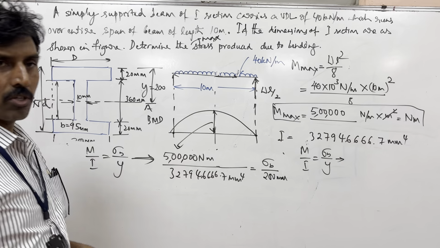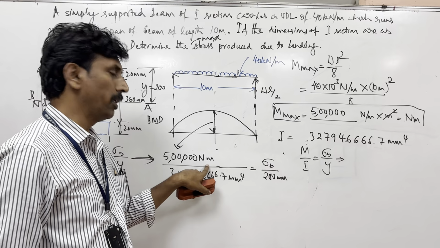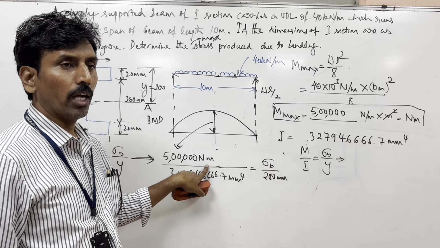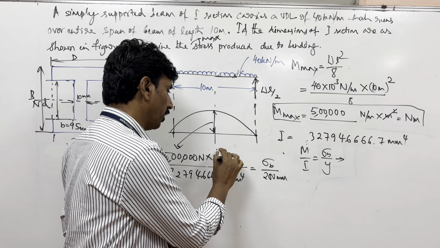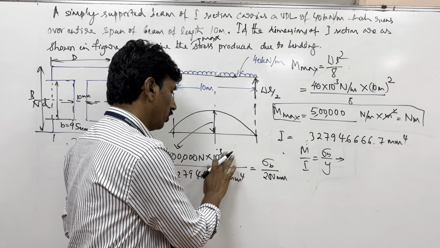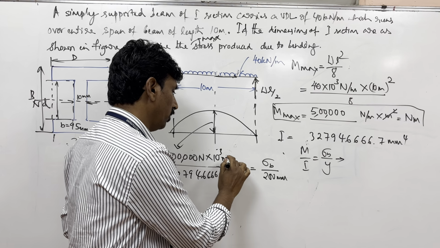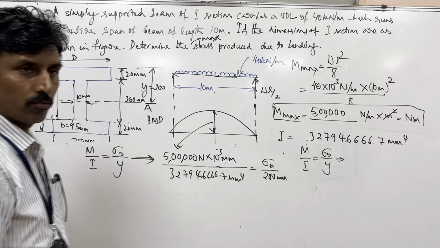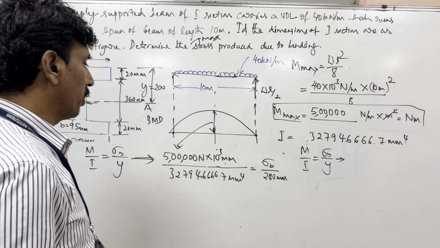You see inconsistency in units here: some are in mm and some are in meters, so you can't do that. Convert everything into meters by multiplying by 10 to the power of 3, since 1 meter is equal to 1000 millimeters.